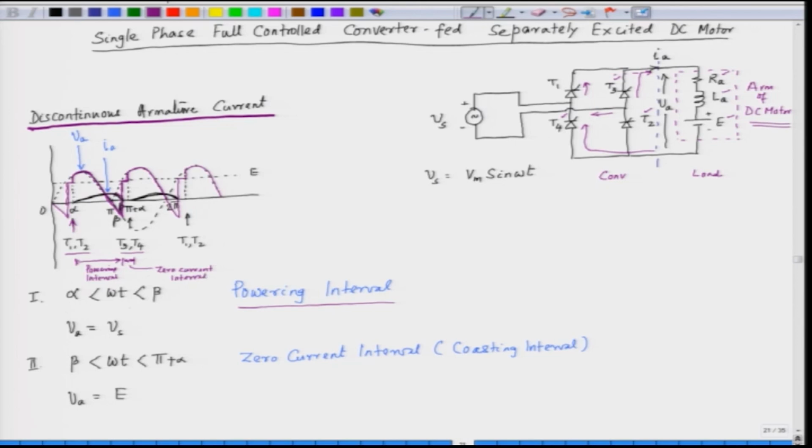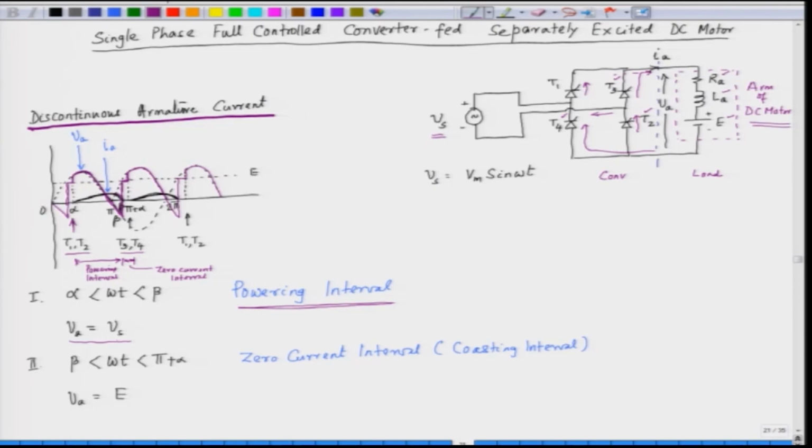In the first interval, the powering interval, the applied voltage is Vs, the source voltage. We trigger the two SCRs T1 and T2, so conduction is through T1 and then the load and back to the source through T2, and the armature voltage is the same as the source voltage.